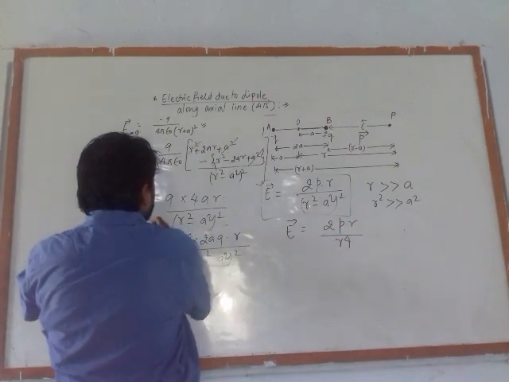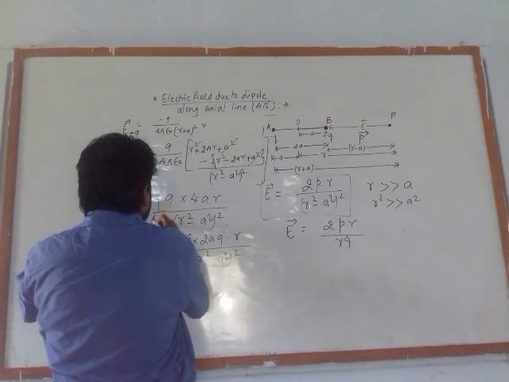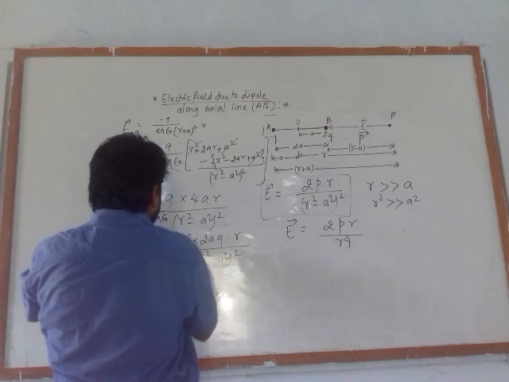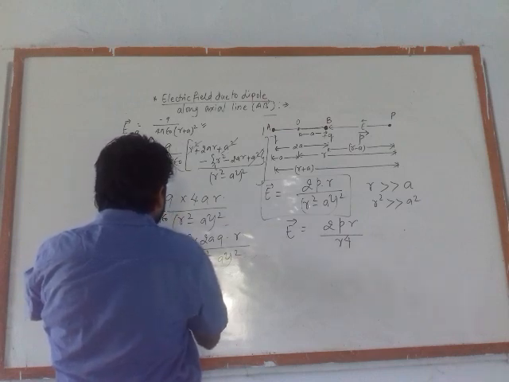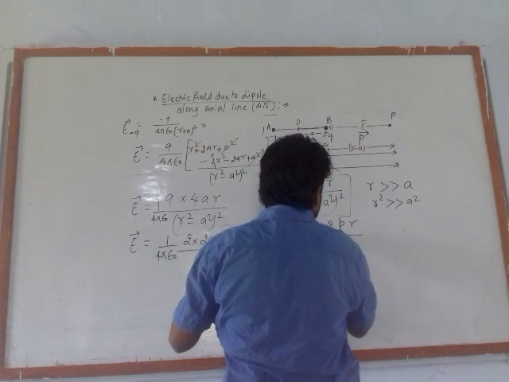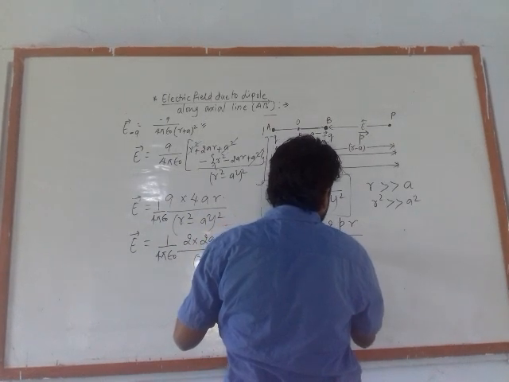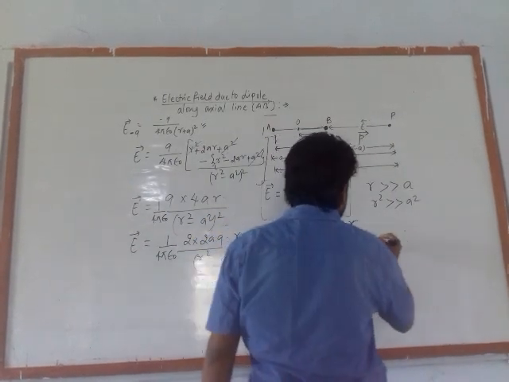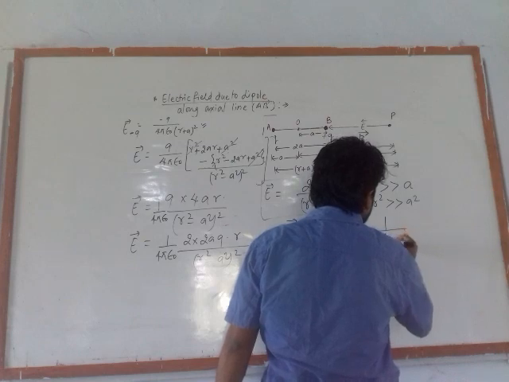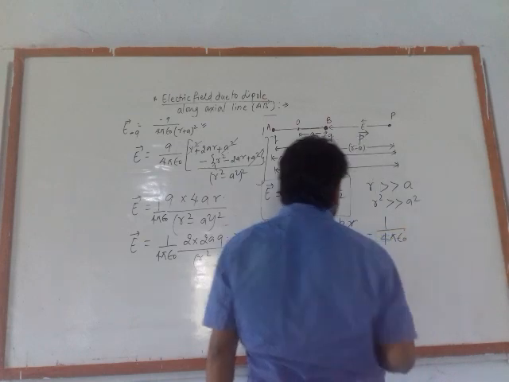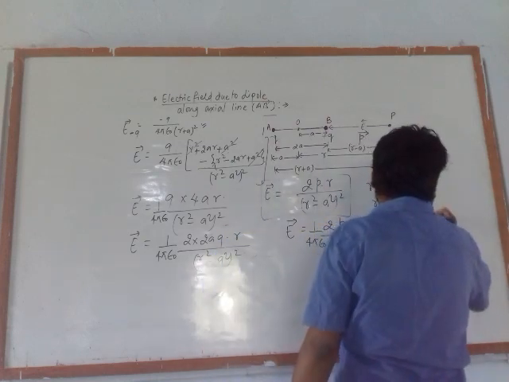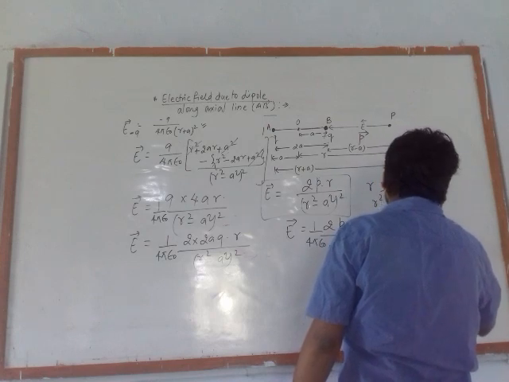Now 1 by 4 pi epsilon naught is left. So this R and R will cancel, so it will be 1 by 4 pi epsilon naught, then 2P by R cube.